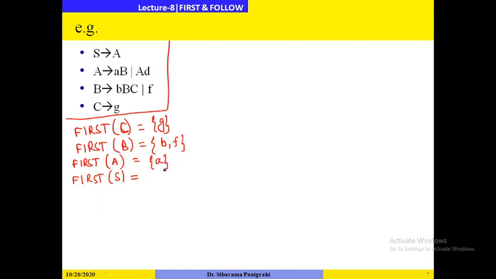So here you will get A from this production, and from this what you will get? Union first of A, D. So here you are computing the first of A. First of A contains itself, so here you will get only A. If first of A contains epsilon, then what you will do?